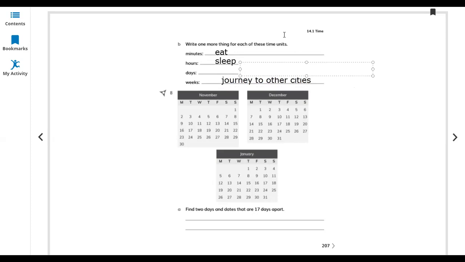So you will write for days: a football match tournament, and it will take 3 days, I think.